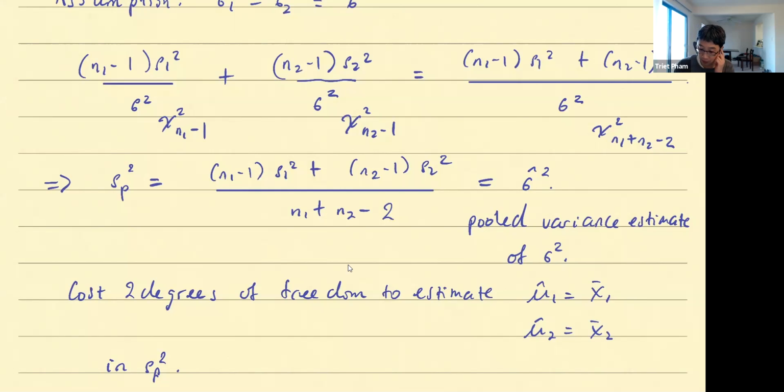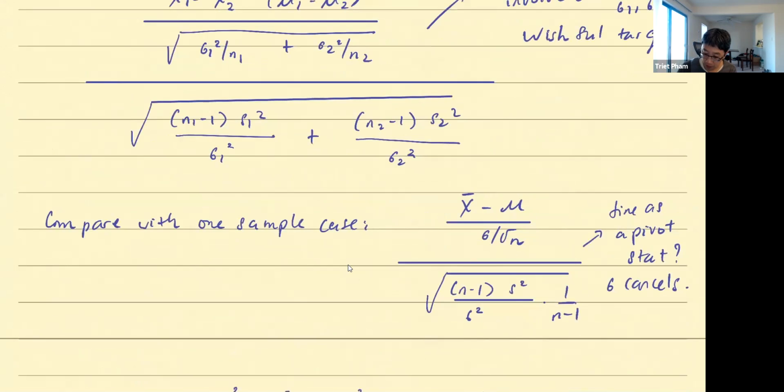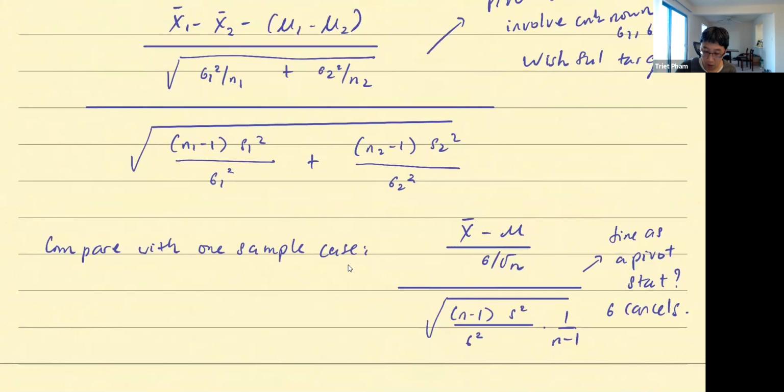Anyway, this pooled estimator, this pooled variance estimate, is exactly what shows up in the denominator if we assume that the population variances are the same, sigma 1 squared equals sigma 2 squared.